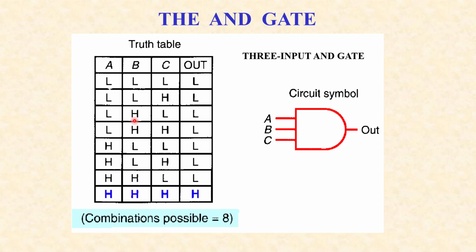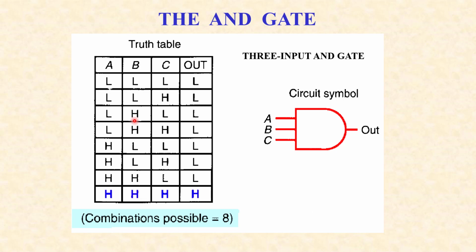Well, we have 3. So the way you determine how many different possibilities exist is to take the 2 possible states of an input and take it to the power of how many inputs you have. So we would have 2 to the third, 2 to the third possible combinations, which is 8. And that's exactly how we have.